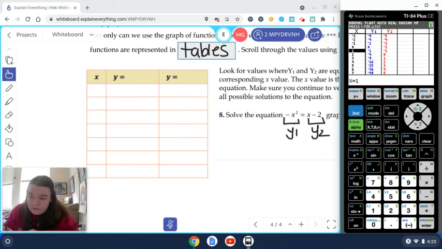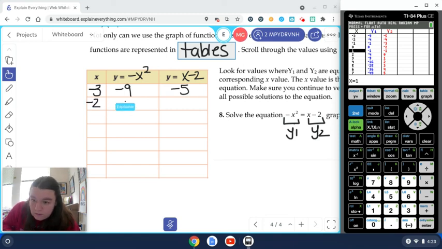So I have negative 3, negative 2, negative 1, 0, 1, 2, 3 for my x values, and I put y equals negative x squared in y1, and then y equals x minus 2 in for y2. So for y1, when x is negative 3, I have negative 9 and negative 5. I have negative 2, negative 4, negative 4.